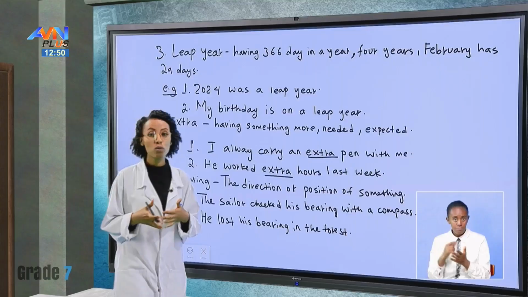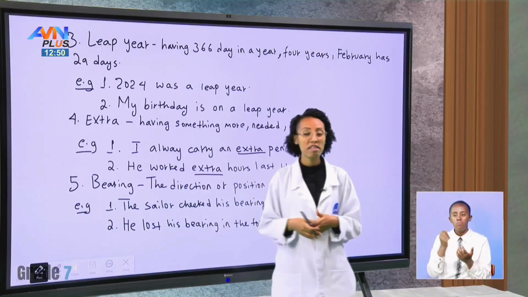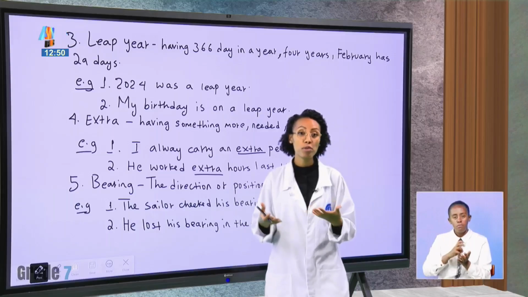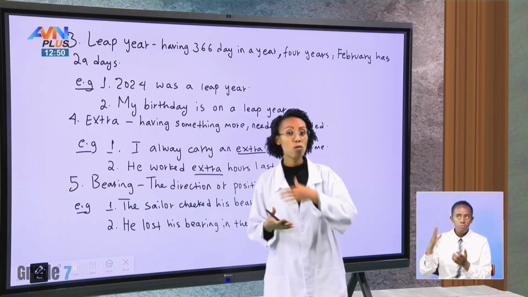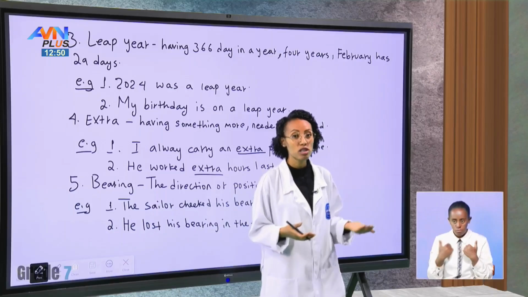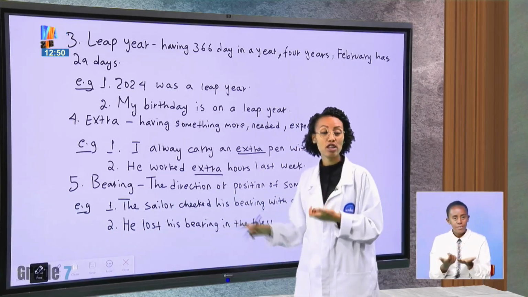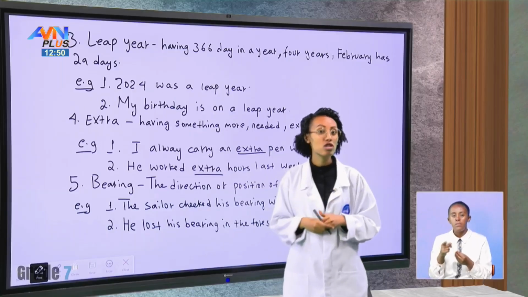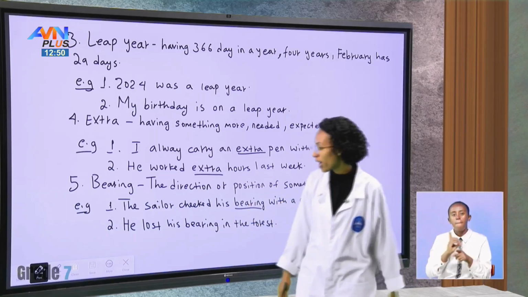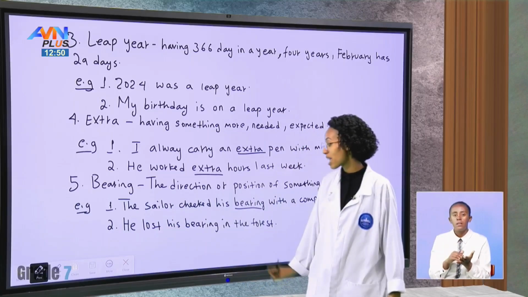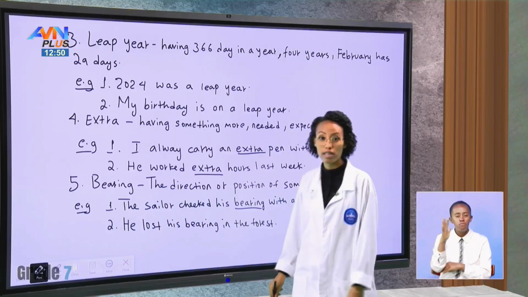Sailors, people who are captains, people who go on a ship, they have compasses, or even people who like hiking, they take a compass with them to show them where they are. So the direction of where they are. So in this case, the sailor checked his compass to see where he is, his bearing. Again, the second one, he lost his bearing, his sense of direction in the forest.